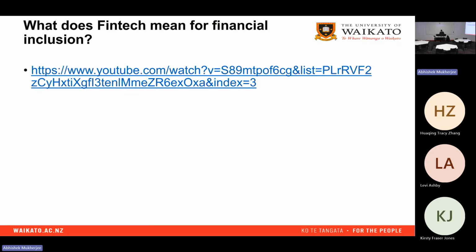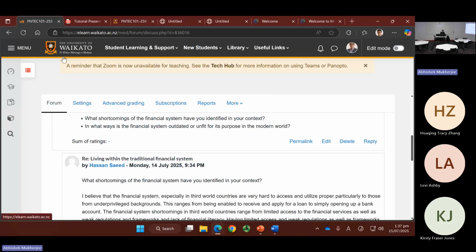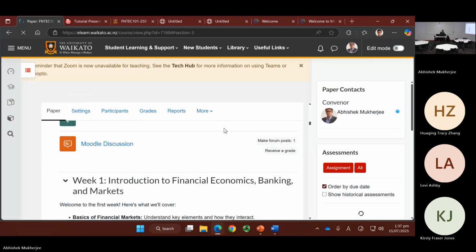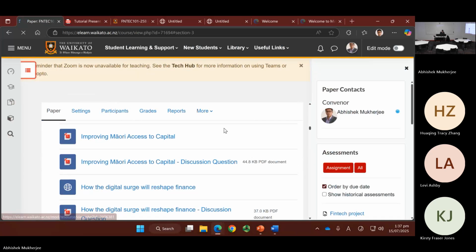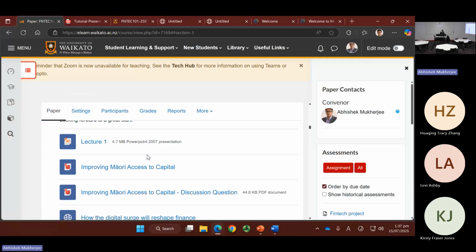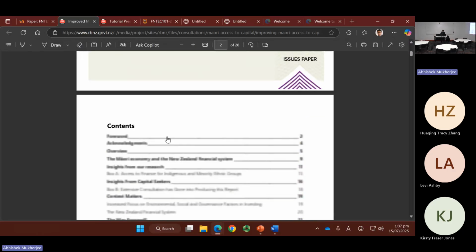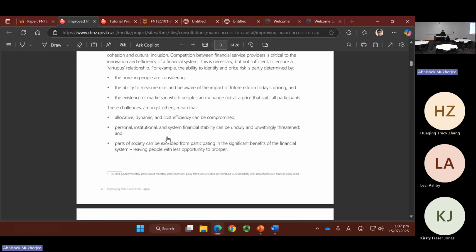Before doing that, I'll just show you that there is more reading material for you to understand the New Zealand context. Make sure that you read this, improving Maori access to capital. This is really good material from the Reserve Bank.